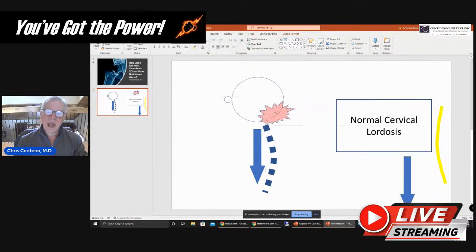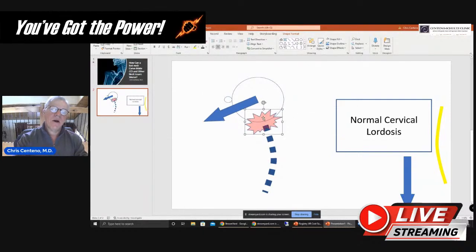But we're also now putting some interesting forces with this head, because the head kind of wants to slide forward like that. And we have the upper neck ligaments that are stopping that forward slide of the head. So we're overloading the upper neck ligaments here.